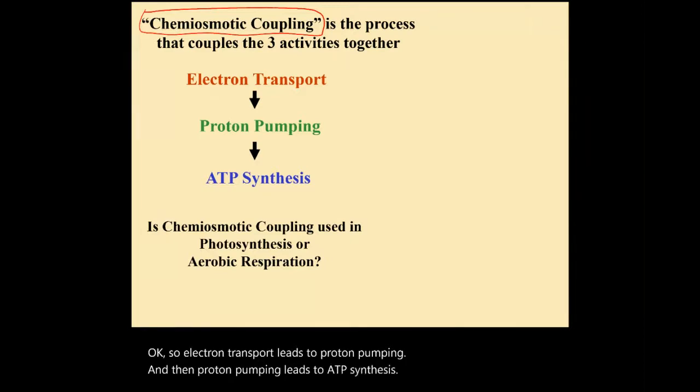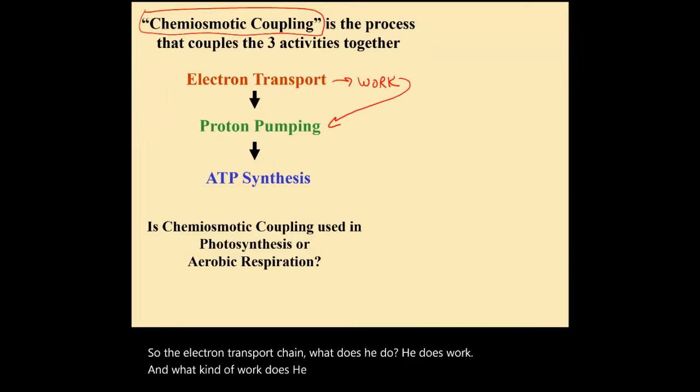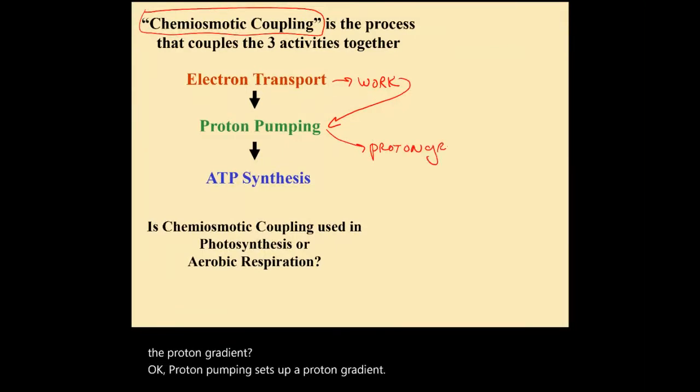Okay, so the electron transport chain, what does he do? He does work. And what kind of work does he do? Proton pumping, correct? Right? And then the proton gradient, okay, proton pumping sets up a proton gradient.